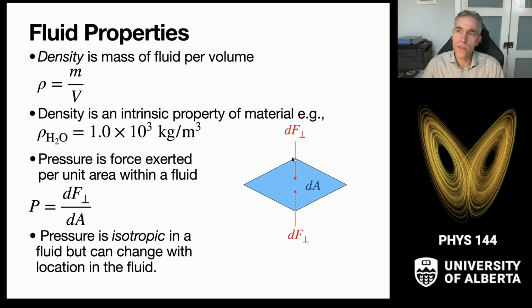There's a force on both sides of that paper, and the force divided by that area, the force per unit area, is the pressure. It doesn't matter which way we orient that piece of paper, the force that we measure on both sides of it would be the same. This is important because, if we think about the air pressure here in the atmosphere, it's 100,000 newtons per square meter.